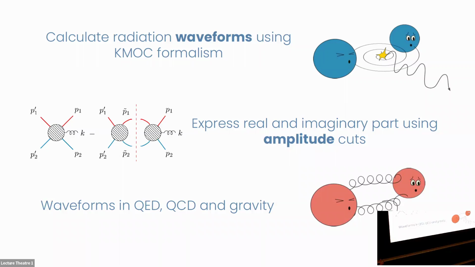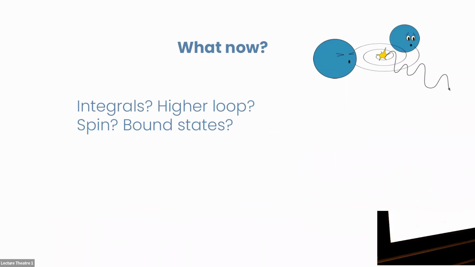They express the conservative part and the radiation reaction part of the waveform. The input into these are these one loop amplitudes and cuts that we can find using a bootstrapping amplitude approach, where we get both QCD and gravity results for free.